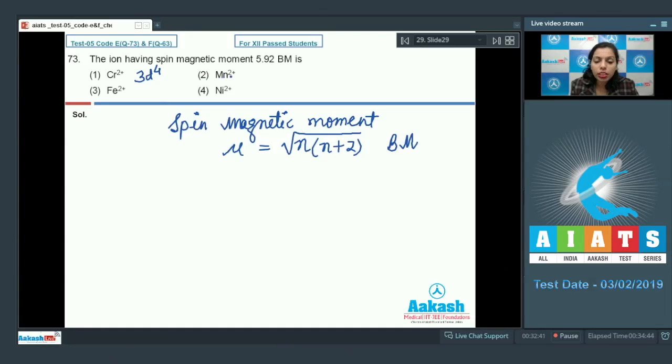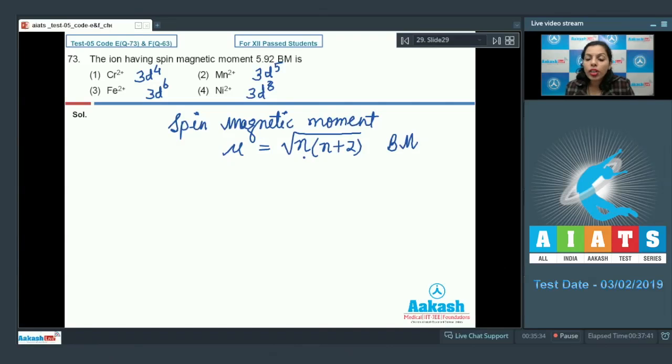Further, for Mn2+, the configuration is 3d5. Unpaired electrons are 5 here. In the case of Fe2+, the configuration is 3d6. Again, the unpaired electrons are 4. And in the case of Ni2+, the configuration is 3d8. How many unpaired electrons are there? In this case, there are 3 unpaired electrons.